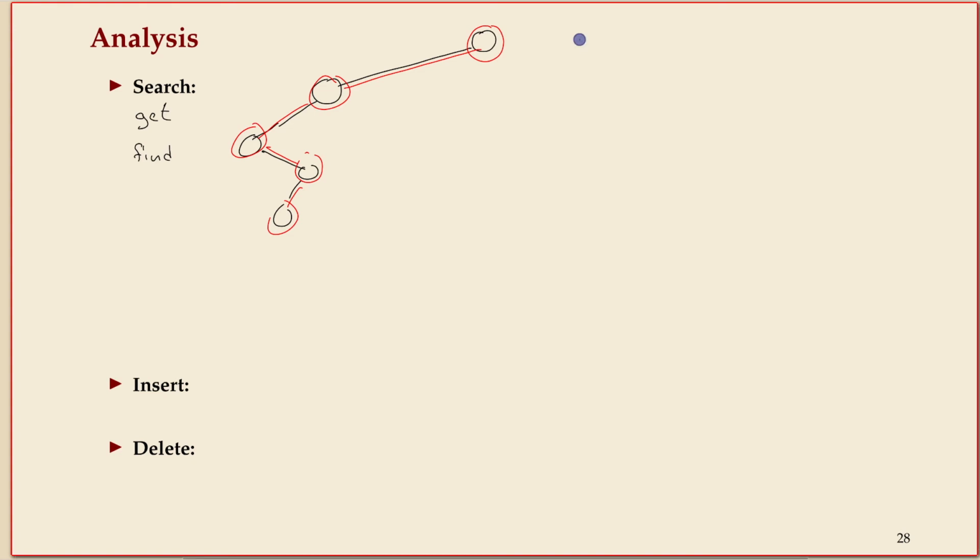So the cost is pretty much the height of the binary search tree. It's never more than the height because that's the longest possible path you could have. And the number of comparisons is the length of the search path, maybe +1 for finding the actual key.